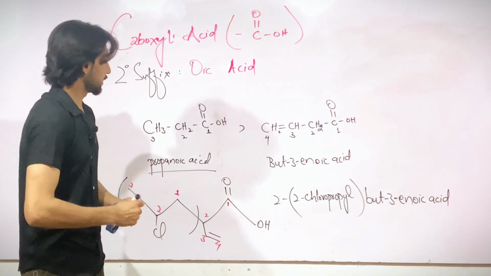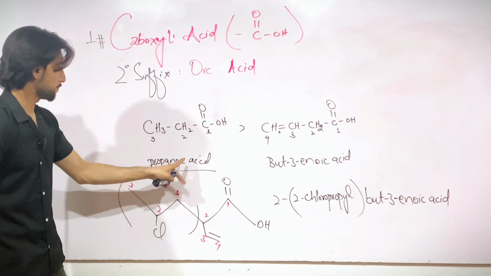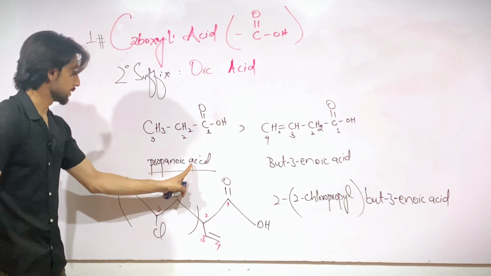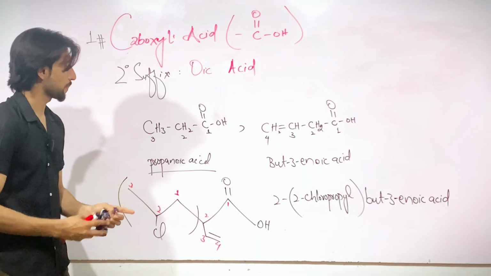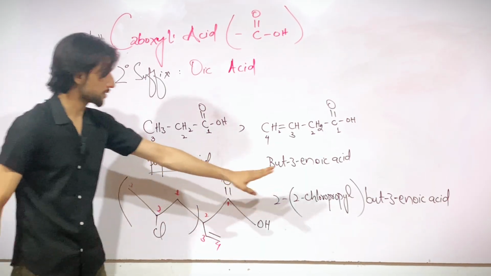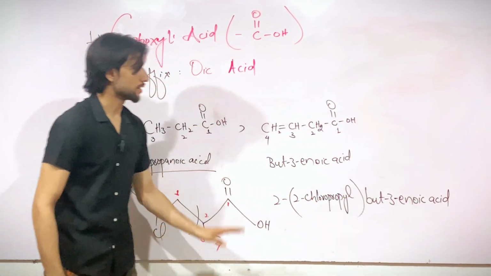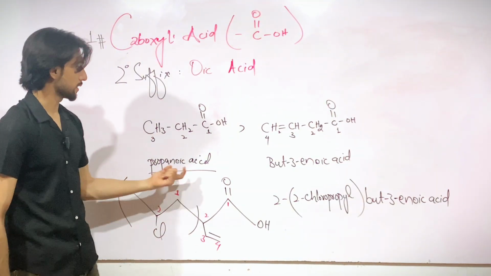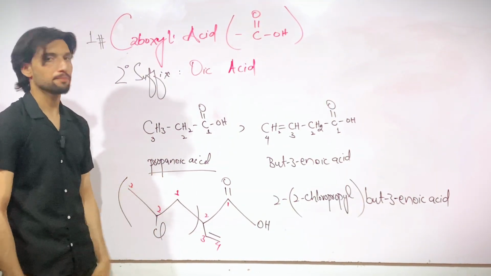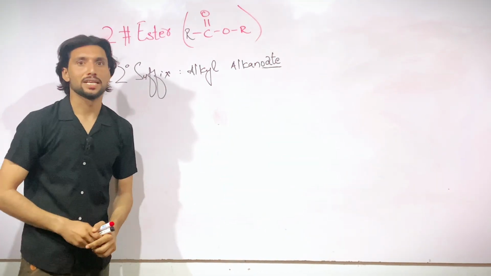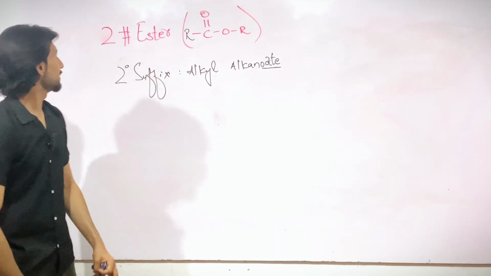In these names you are seeing the gap between the acid and the other name. This must remain the same as it is. There should be a gap between the acid and the parent chain name.